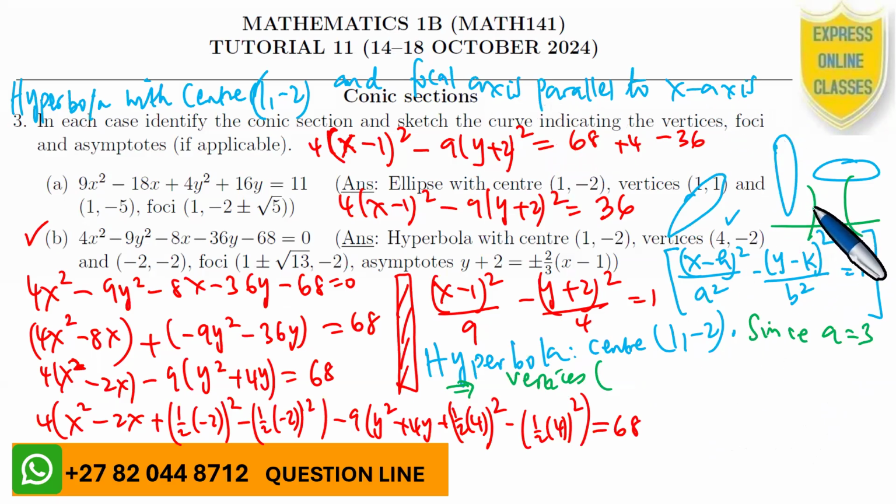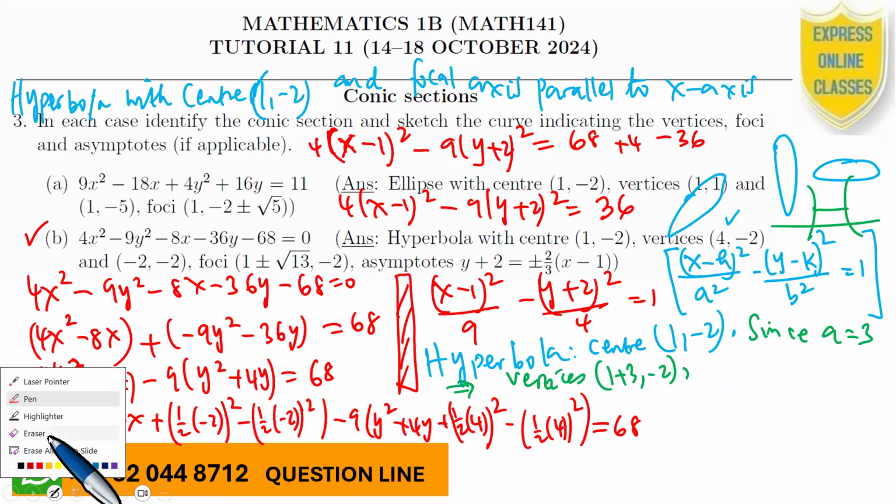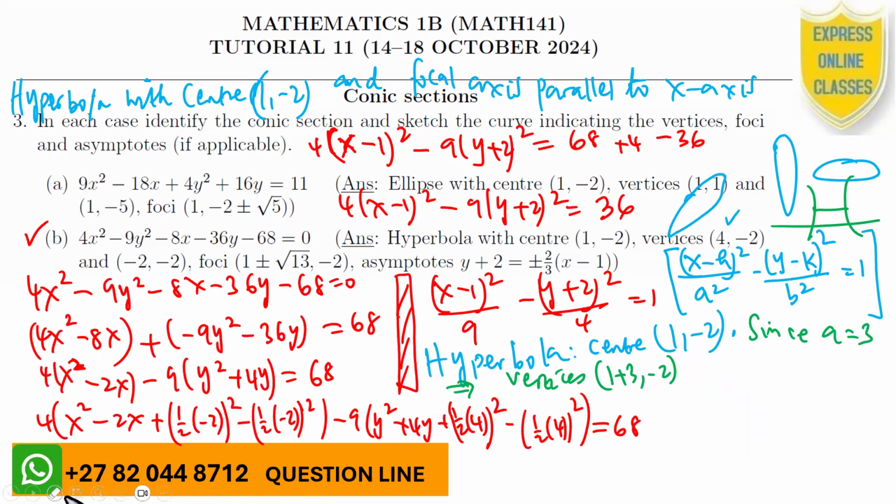The vertices are going to move horizontally. So we have 1, and then we add 3 to it, minus 2. So when you say 1 plus 3, we get (4, -2).